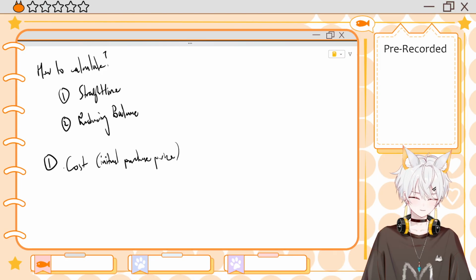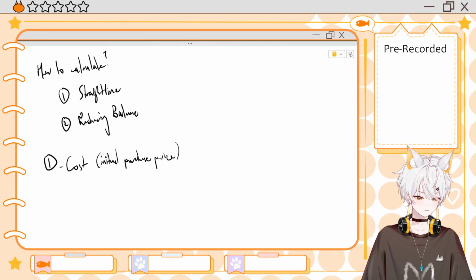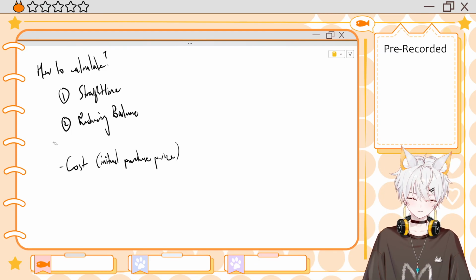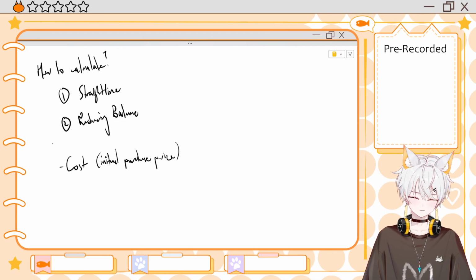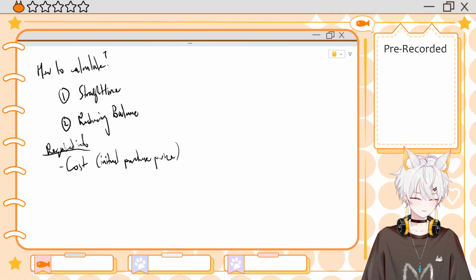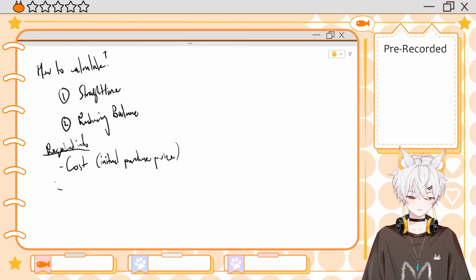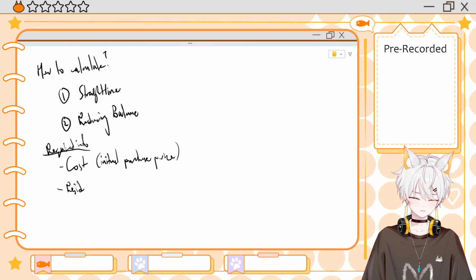The second thing that you need, actually this applies to both. Let me remove this one. These are what we call required information. Okay, so these are basically what we need to find out before we start computing at all, right? So first one is cost, right? The other one is residual value.